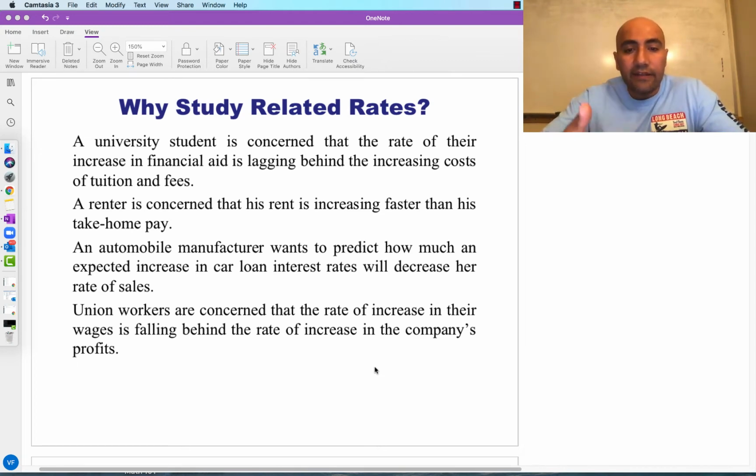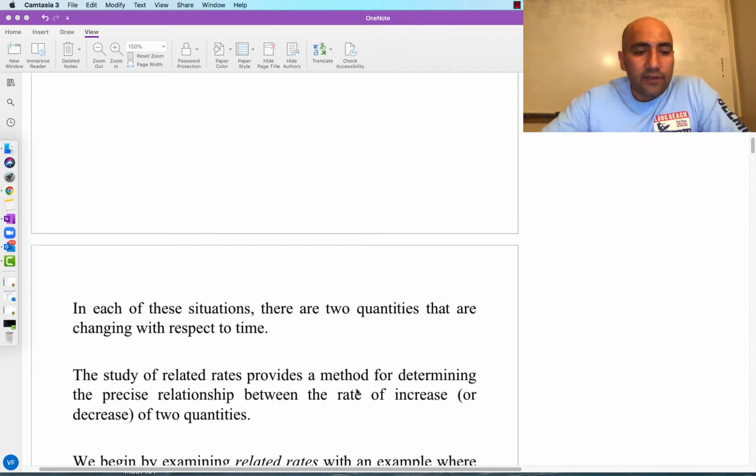If they identify that the company's making a lot of profit, and a lot of that is based on our work as the employees, they have a mathematical argument to make that they deserve higher wages.